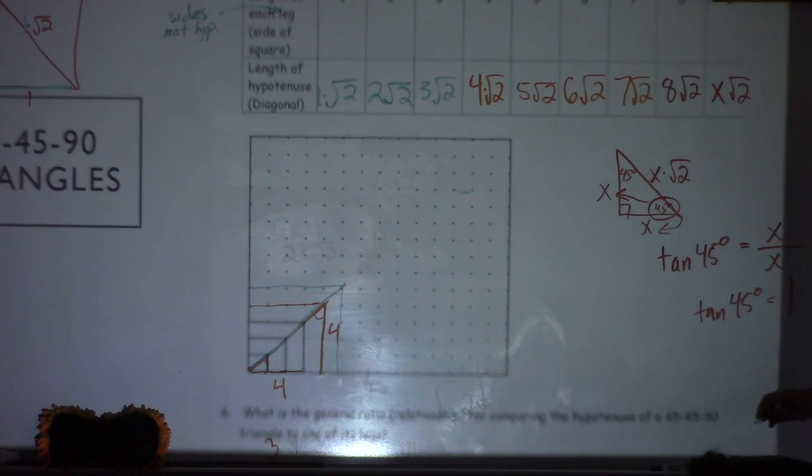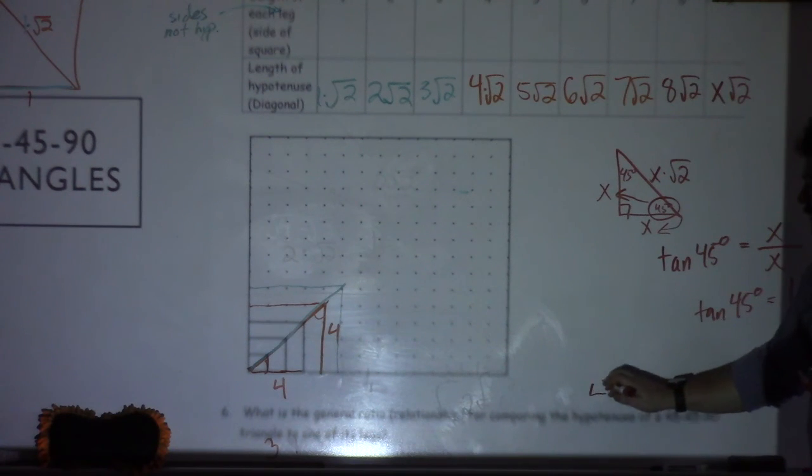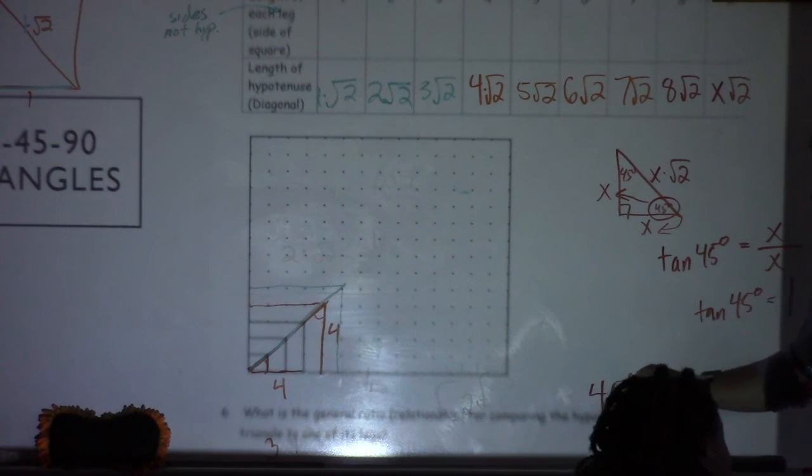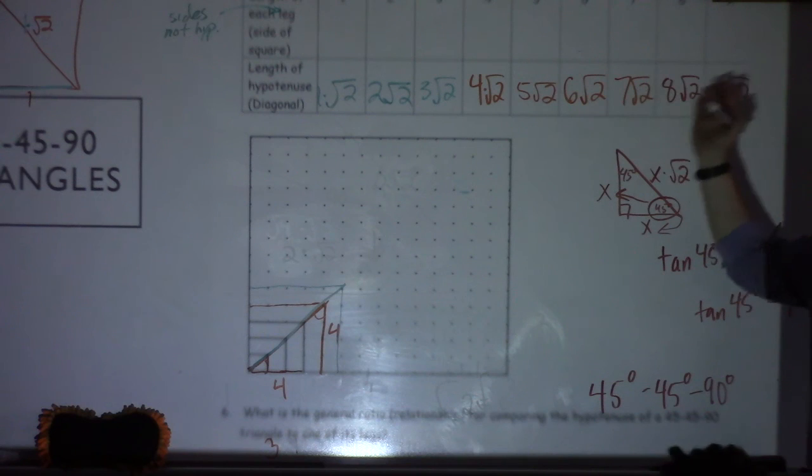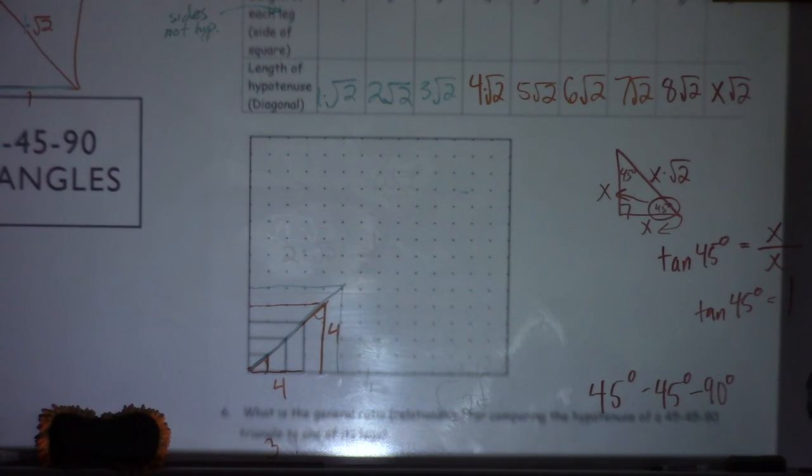Now, under number 6, what you need to write is 45, 45, 90. Those are the angle measures. The corresponding side lengths would be, what is the generalized symbol that I'm going to use to represent any side length?